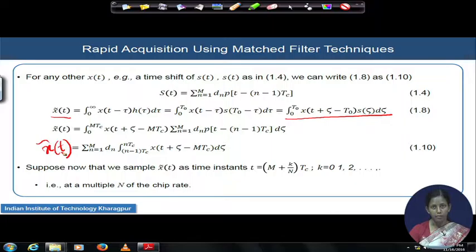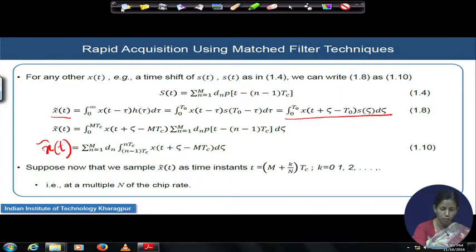If I now sample the output of this matched filter at an instant which is (M + k/N) Tc, where 1/Tc was the chip rate, so at a multiple of the chip rate I am sampling it. Tc is obviously there, because Tc is the duration after which samples are expected to come, and this k value can be 0, 1, 2, 3, 4 like that. So if I keep on increasing k, that means I am increasing the sampling instant at a multiple of the chip rate.